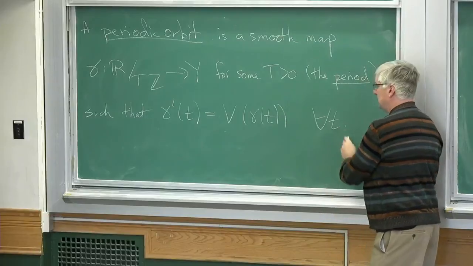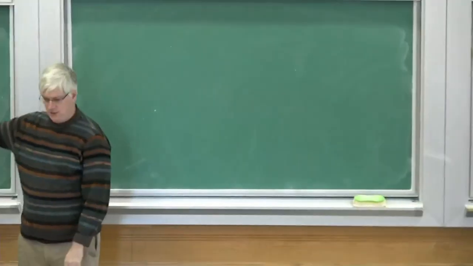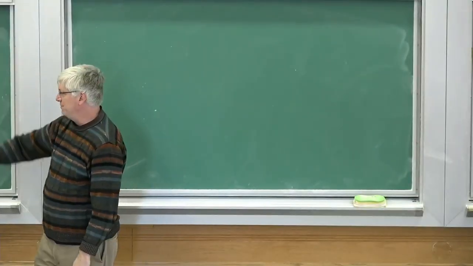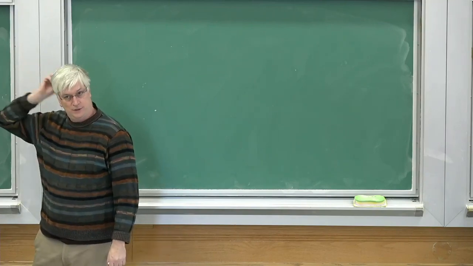So that's a periodic orbit. It's a loop in the three-manifold. After time capital T, you come back where you started.